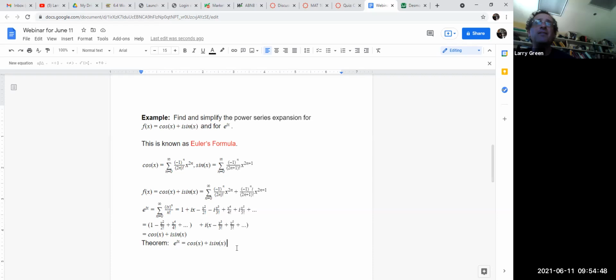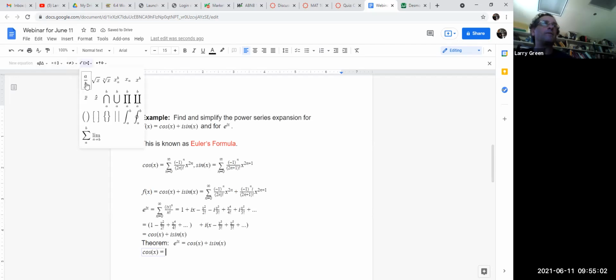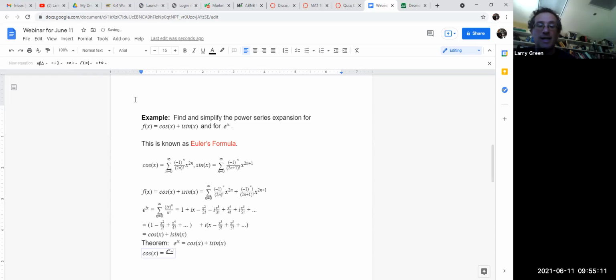Okay, now I don't have time to do this, but also you can reverse this and you can say that the cosine of x is equal to e to the ix plus e to the negative ix, all over 2.